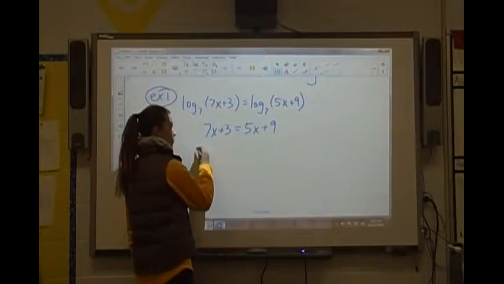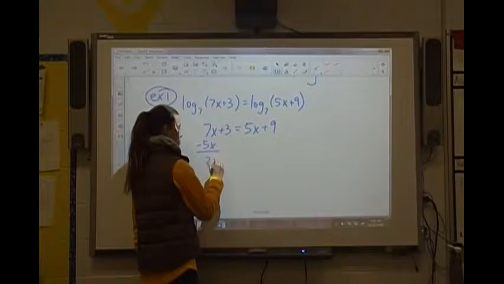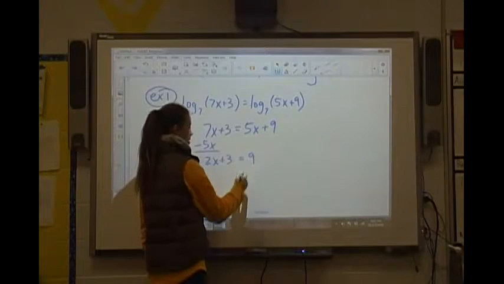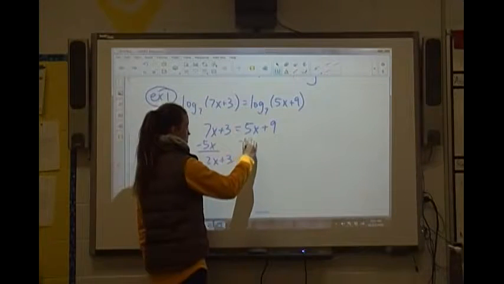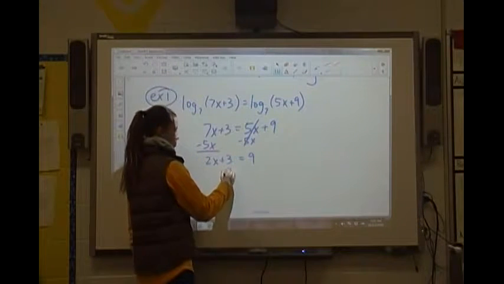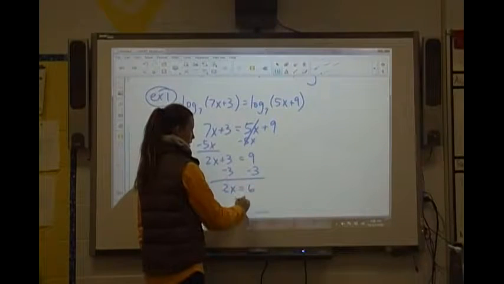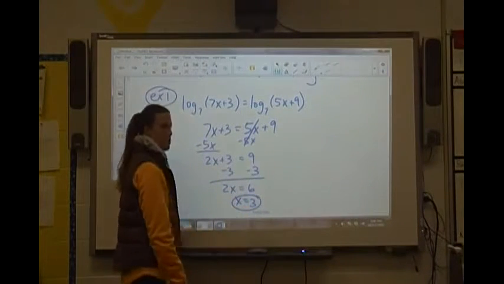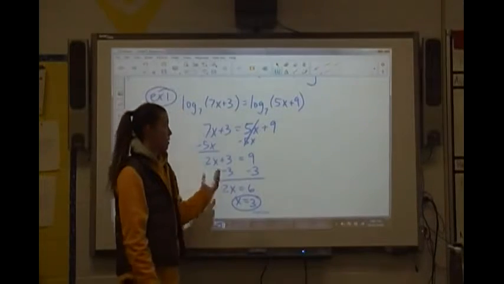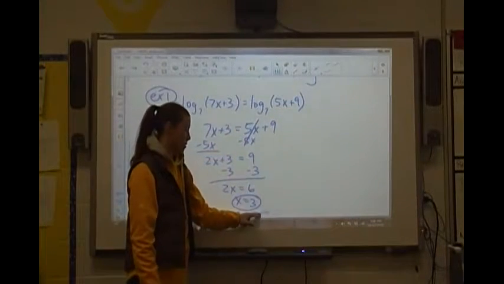So I'll move my 5 over. 2x plus 3 equals 9. And then I'll subtract my 3. 2x is equal to 6. So x is equal to 3. And that's it. These two pieces of the equations have to be equal to each other.